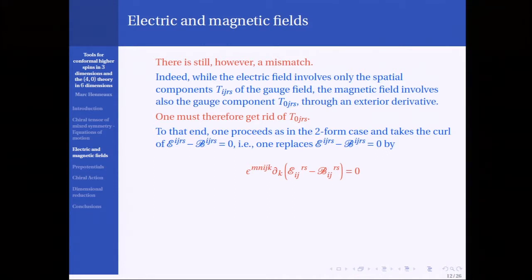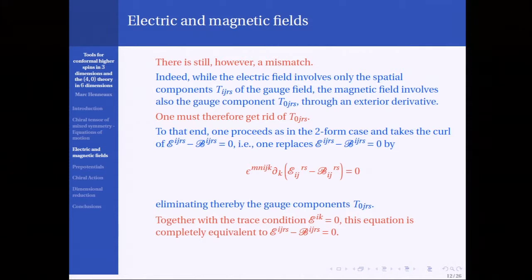Okay, so that equation has the advantage over the original equation, without taking the curl, that it contains only the component Tij/Rs. Now, it's always dangerous to replace an equation by a consequence of that equation.